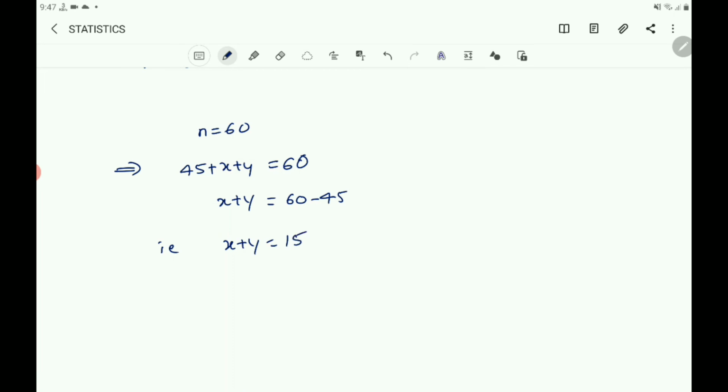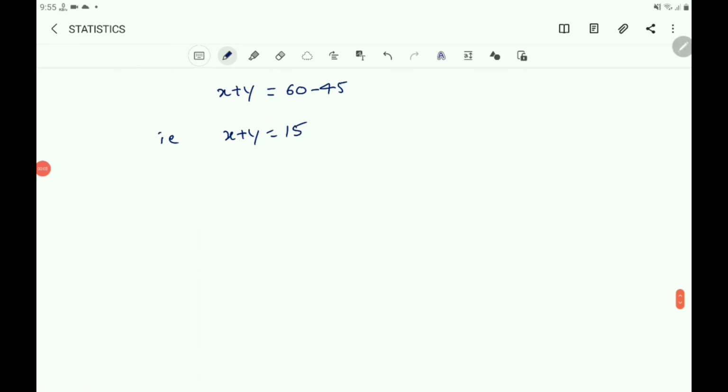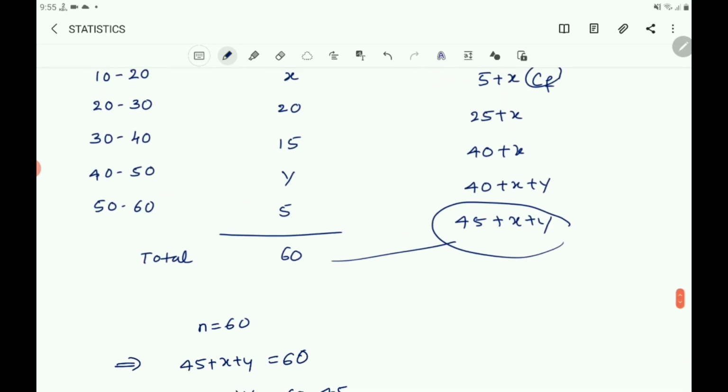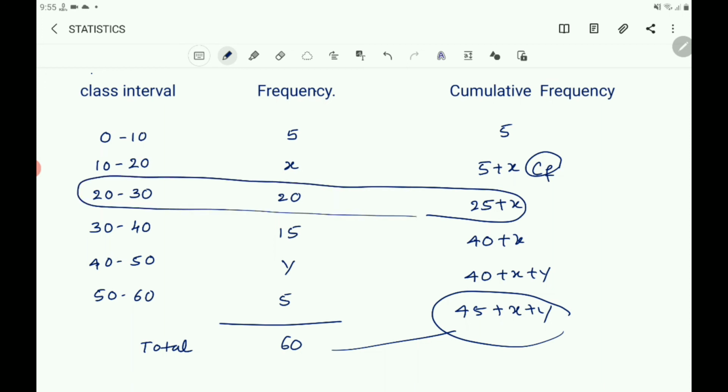Now here the median is given, the median is 28.5. Observe the table here. 28.5 lies in this class interval, in the cumulative frequency 25 plus x.